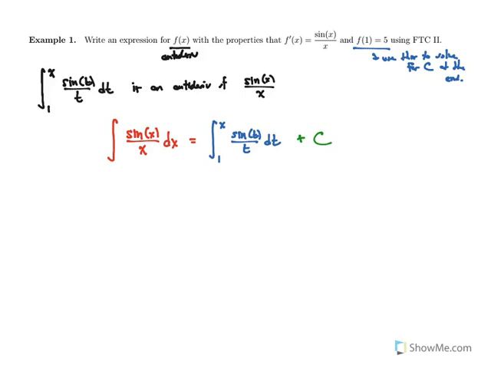So that's going to represent all antiderivatives, and I want to find one using the property that f of 1 equals 5. So this is going to be equal to my function f of x.